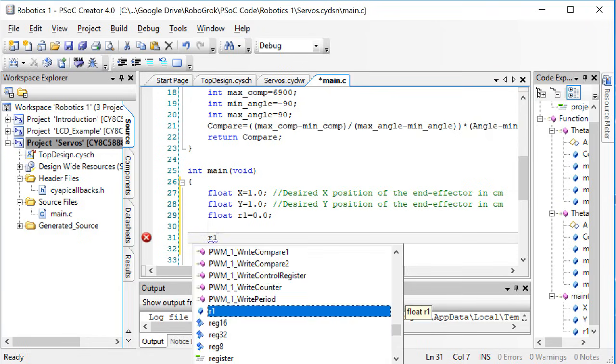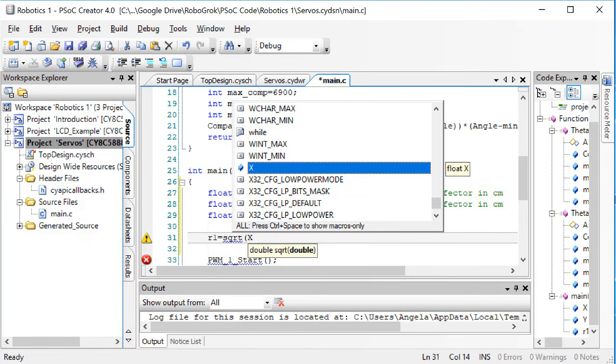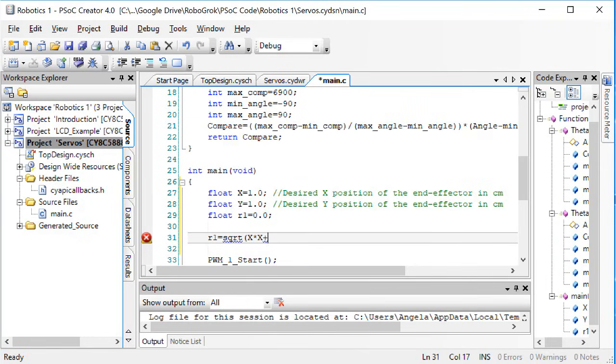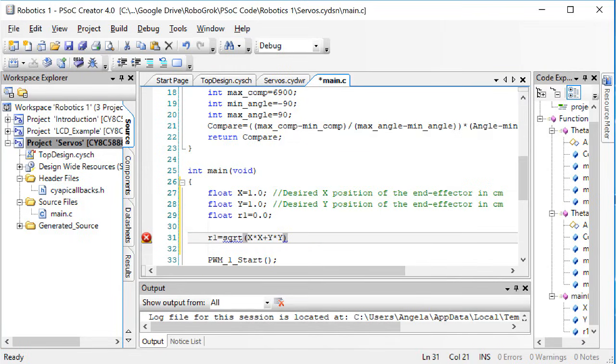Our equation says that R1 is equal to the square root of x squared, we'll just do x times x, plus y squared, y times y. Now you'll notice that we get a warning here. It says that we've implicitly declared the library function square root.